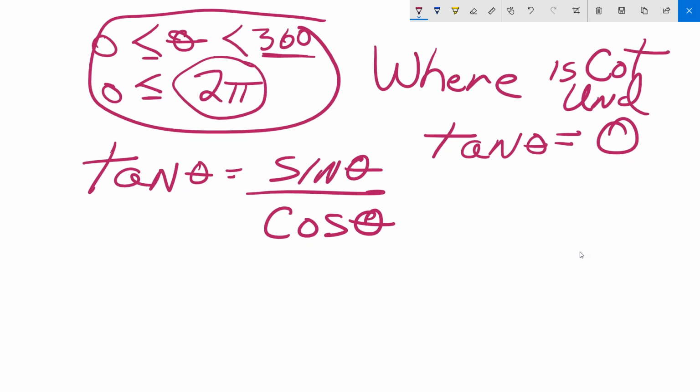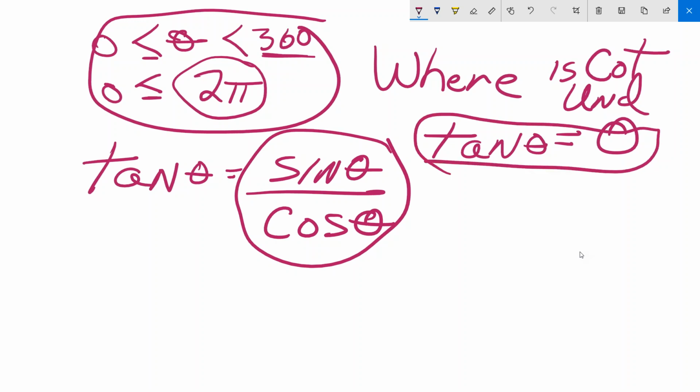So what's going to make tangent of theta equal to 0? If it's equal to sine over cosine, which one is going to have to be 0? Is it the sine or the cosine? No, don't get the two things mixed up here. We're trying to figure out where cotangent is undefined, and we know that's where tangent is 0.